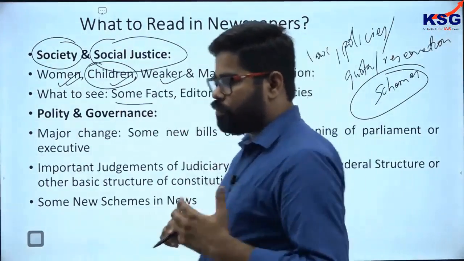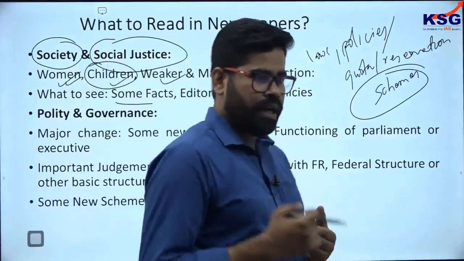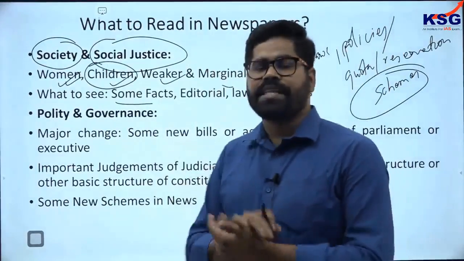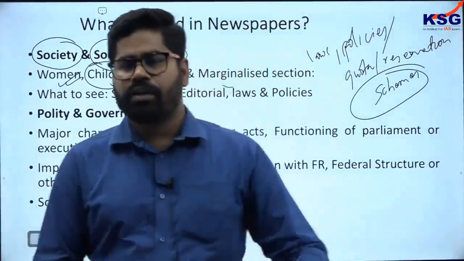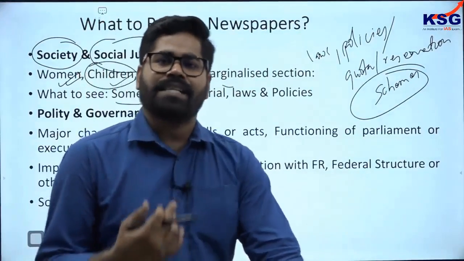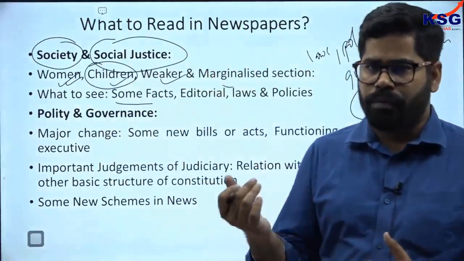suppose you are reading some editorials about women, children or marginalized sections. You will find that there will be some facts there. Like if you are talking about women, you will find that in India we have around 57% of women who are anemic. They have this problem of anemia.